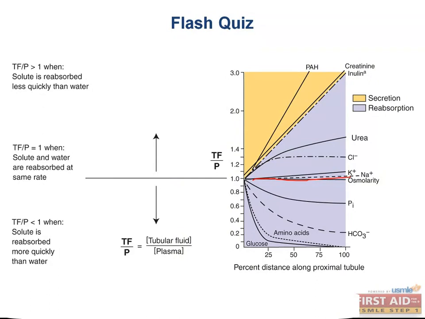Don't get confused by thinking that a TF to P ratio higher than 1 means secretion, and a TF to P ratio lower than 1 means reabsorption. This is wrong. In order to be secreted, a substance must have a TF to P ratio that is higher than inulin. And if it's lower than inulin, we'll have reabsorption. So the key here is looking at it relative to inulin.